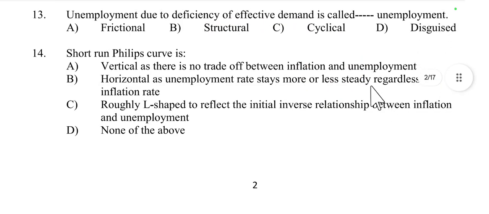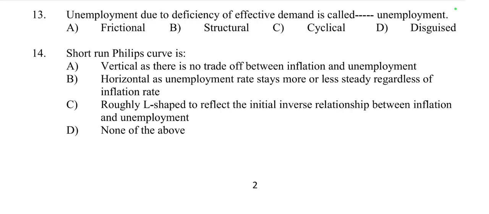Then question number 14. The short-run Phillips curve is vertical as there is no trade-off between inflation and unemployment, or horizontal as the unemployment rate stays more or less steady regardless of the inflation rate, or roughly L-shaped to reflect the initial inverse relation between inflation and unemployment.